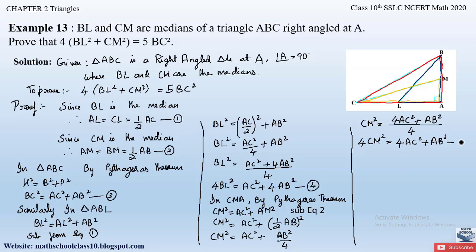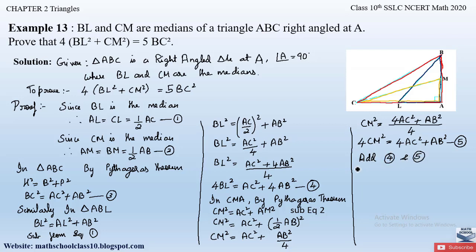So let this be equation 5. Now if you observe equations 4 and 5, on the left hand side we got 4BL square and 4CM square. So that should be added, as we have to prove. So let us add equations 4 and 5.